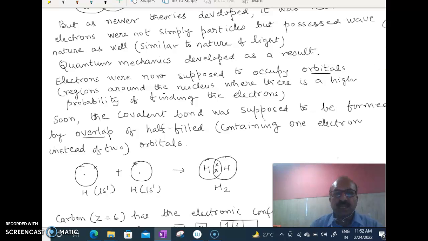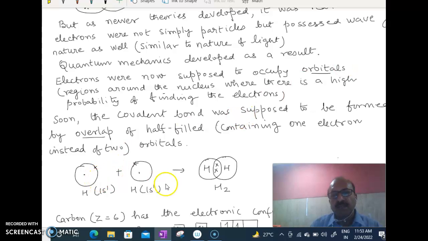So the concept of the covalent bond, which was supposed to be formed by simply an electron pair sharing, was replaced by a new concept in which there was supposed to be an overlap of the half-filled atomic orbitals. Half-filled means that it contains only one electron instead of the 2 electrons which are permitted to fill up an orbital.